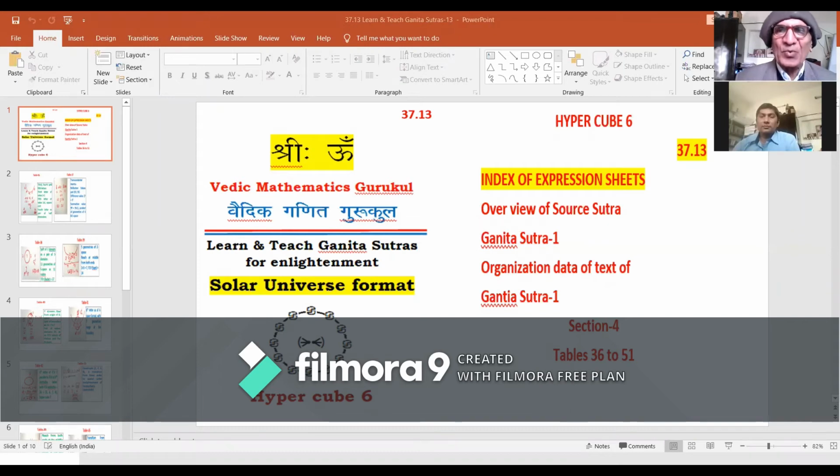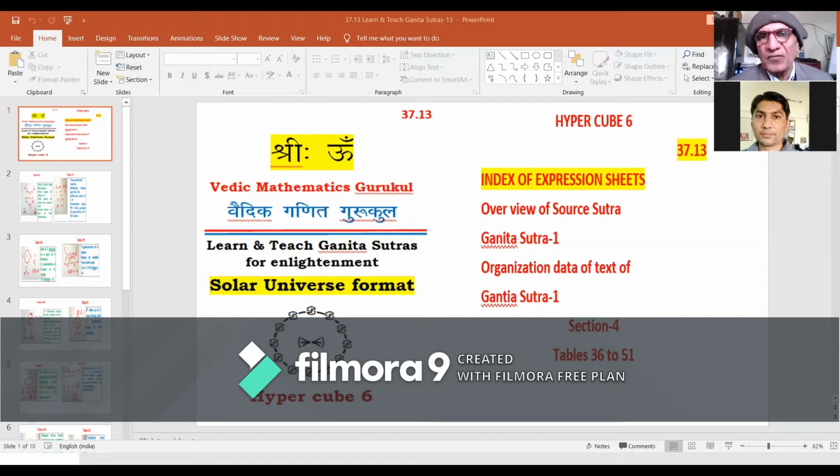Welcome. We are continuing with our urge, with full intensity, to have an overview of the mathematical domain of Ganita Sutras, with Ganita Sutra 1 as a source sutra.